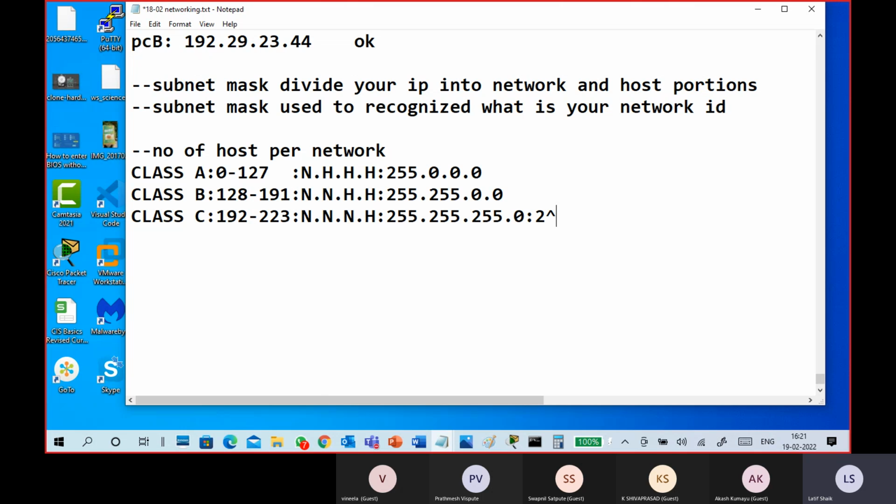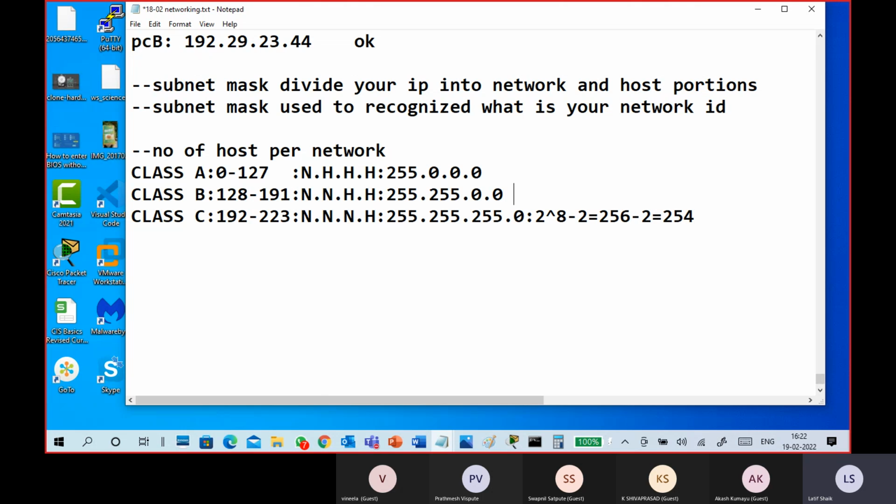So 2 to the power of number of host bits. Here it is 1 octet, and 1 octet means 8. And minus 2 is also there. So it is 256 minus 2 is 254. It means if you have 100 computers, 10 computers, or maybe 200 computers, you can use class C range.